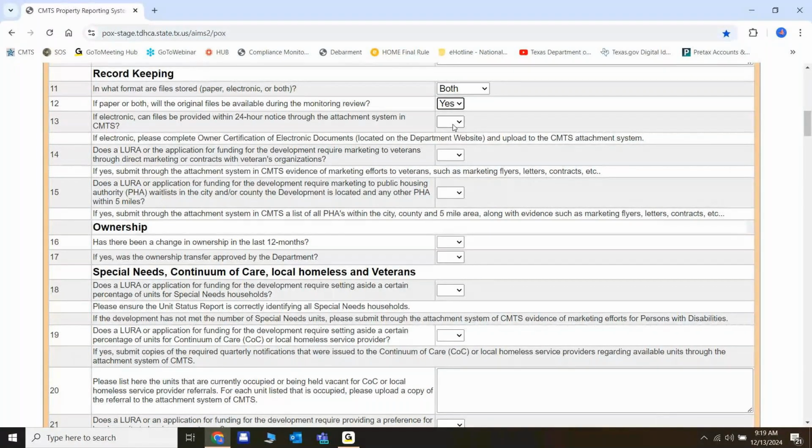If you cannot, then you're going to answer no here, and the monitor is going to reach out to you at this point and say, I see you said that you're all electronic. You would not answer the paper question. This would be blank because that's only for paper. It says that you are electronic, and it says you cannot complete this upload because you know in the past we've been there, we've looked at 50 some files. So you cannot do it in 24 hours.